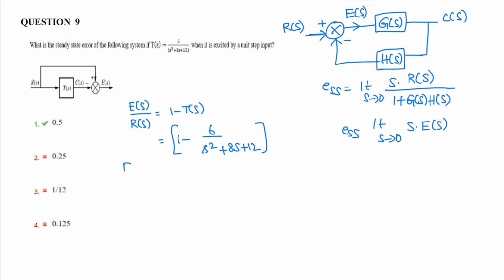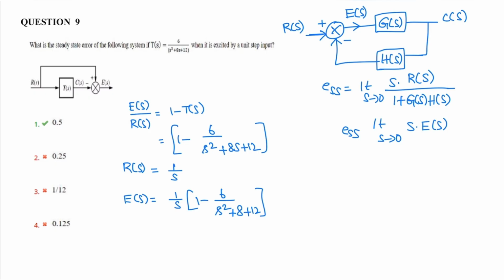Also R of s is a step input, whose value is 1 by s, since the Laplace transform of 1 is 1 by s. Now E of s is R of s times 1 minus T of s, that is 1 by s times 1 minus 6 by s square plus 8s plus 12.